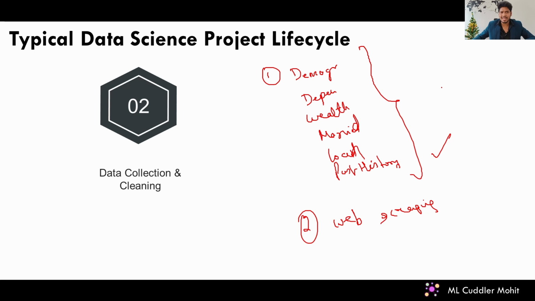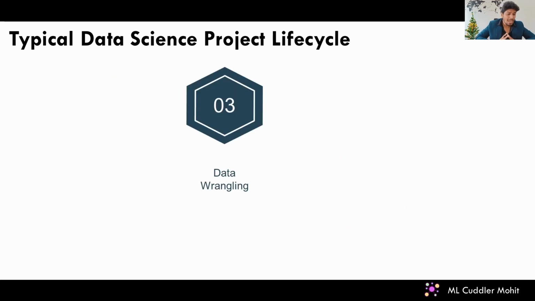Now data cleaning, like missing value treatment, if there are outliers, treat them. If there are some noisy values present in the variable, clean them, right? These kinds of steps you have to follow to clean your data. So this is the second step, where we are collecting the data and cleaning the data. Now once we have our data set, which we have already cleaned, the next step is data wrangling.